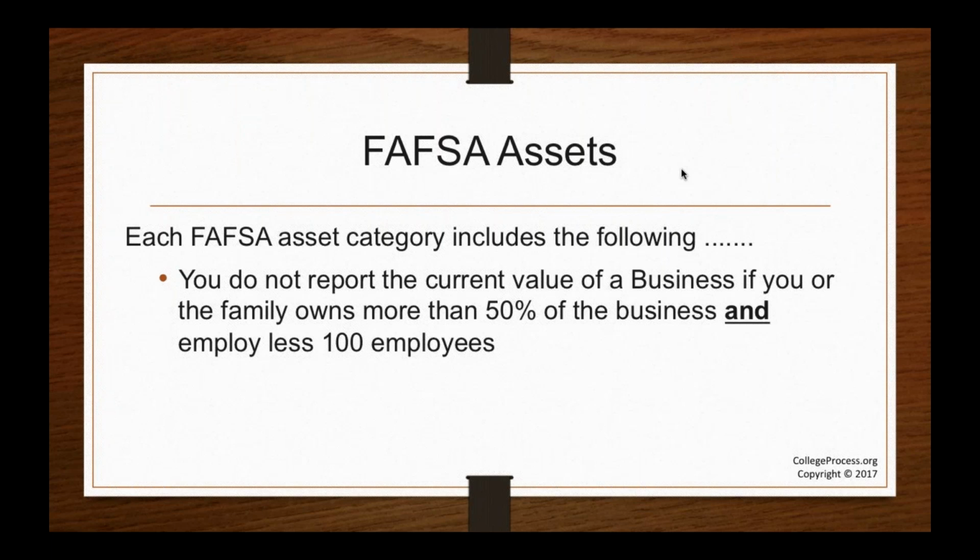So again, for many small business owners, this is where you're going to fall in, that you will not have to report it. And again, when we say 50% ownership, that's not only by you, but it's also by family members. Like if it was husband and wife ownership, or if there was a cousin involved, they would be considered part of the family, and their individual portions of ownership would be added together to come up to that 50%.